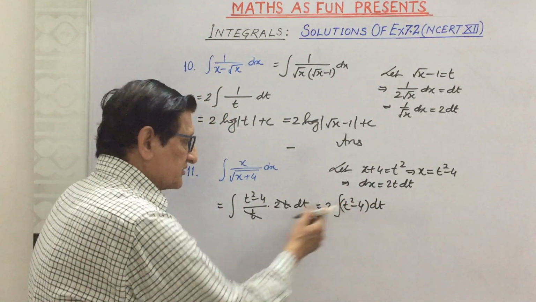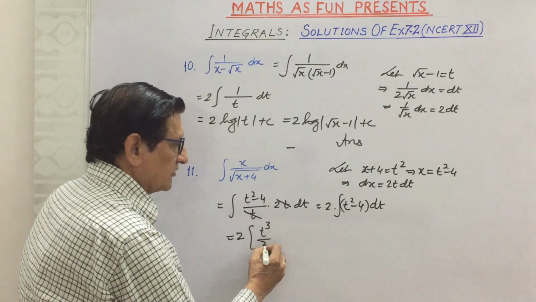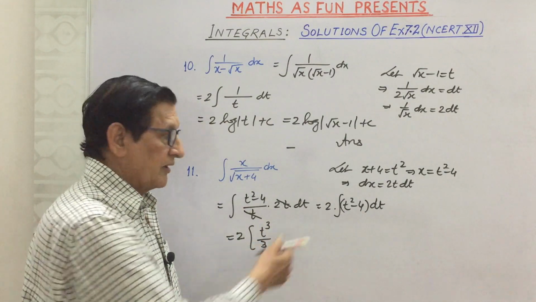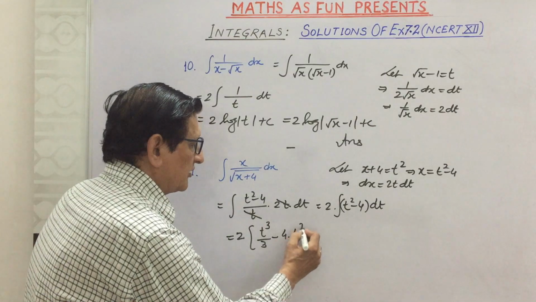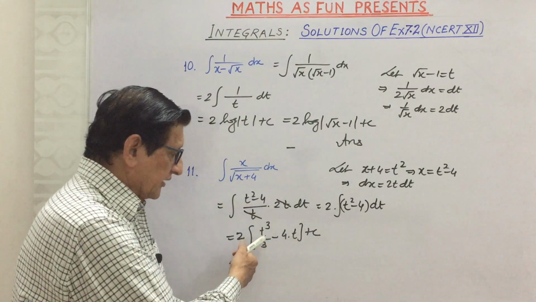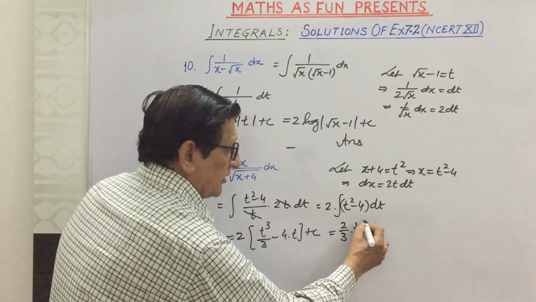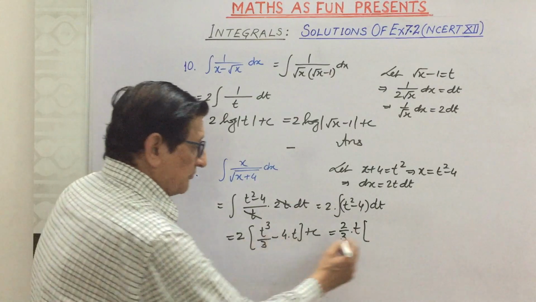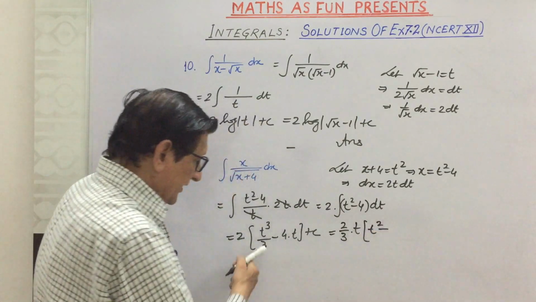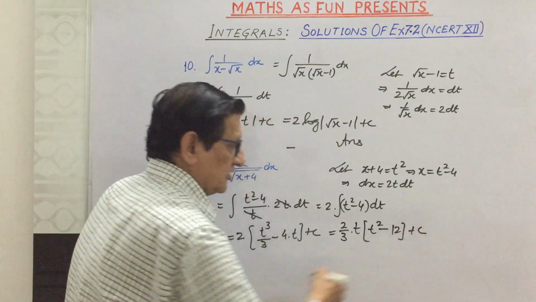If we integrate them separately, we are getting 2 into t cube by 3 minus 4 into t plus c. If we take t common and 3 is the LCM, we will be getting 2 upon 3 t into t square minus 12 plus c.